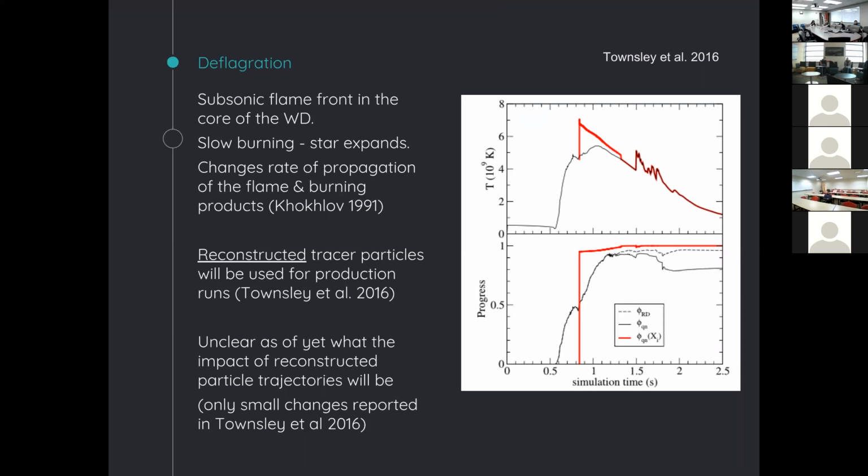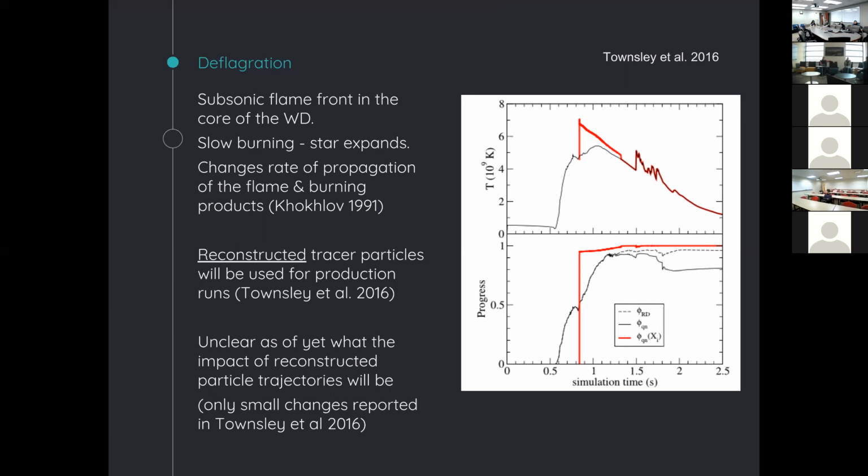Now, this expansion changes the rates of propagation of the flame and the burning products there. So the paper here, Khokhlov 91, predicts that all of the carbon should be burnt in a white dwarf, but this being a one-dimensional model, it's not particularly clear if this should be the case.